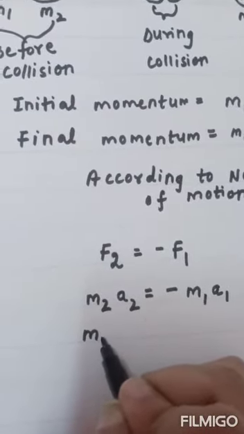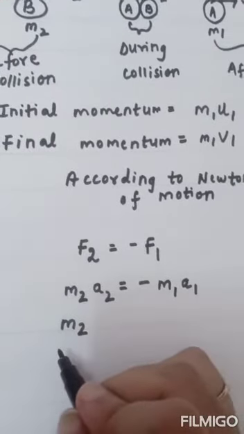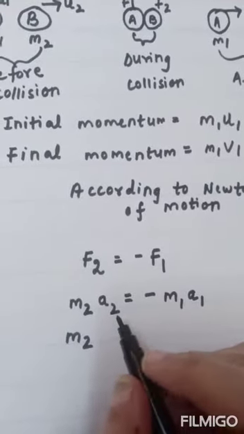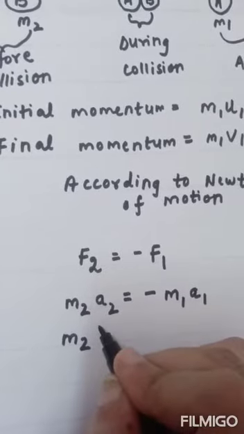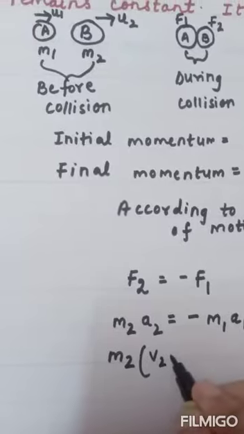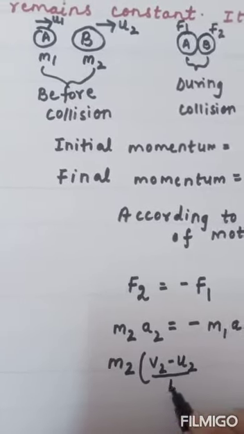Now can you tell me what a is? A is acceleration. What is acceleration? Acceleration is equal to the rate of change of velocity. So a2 will be v2 minus u2 upon t.